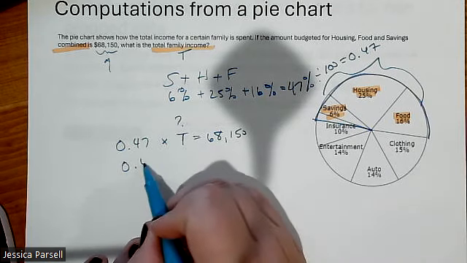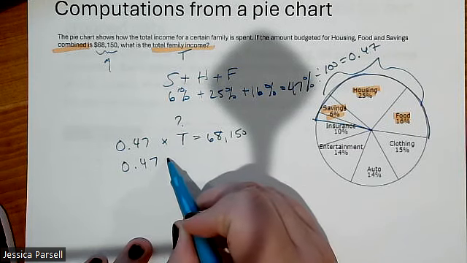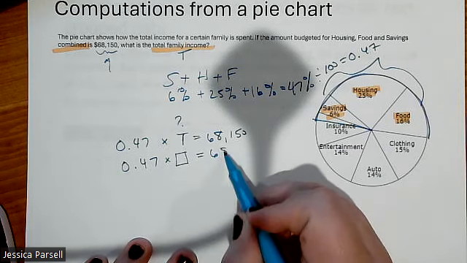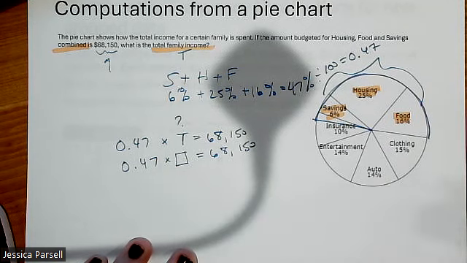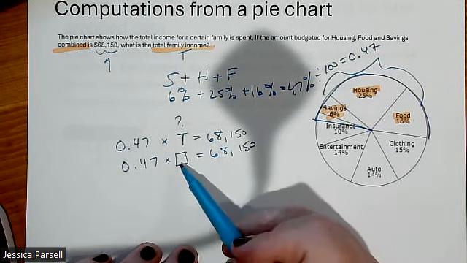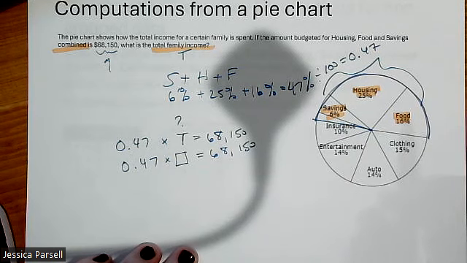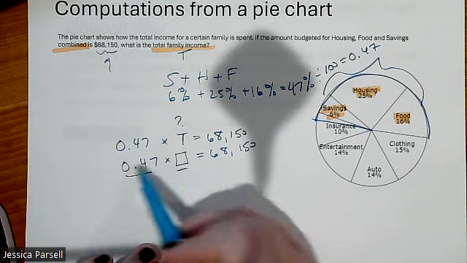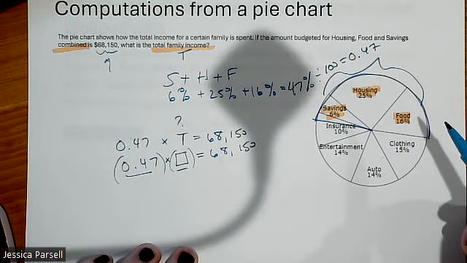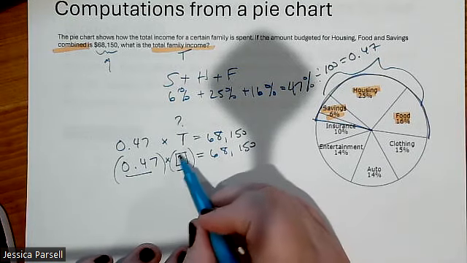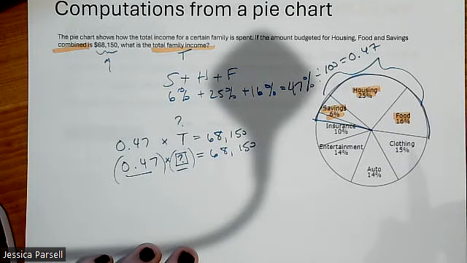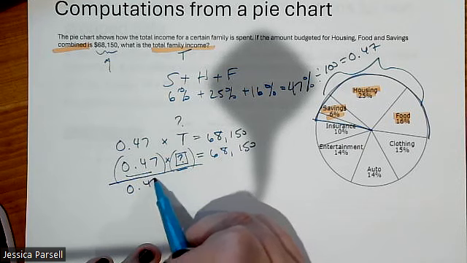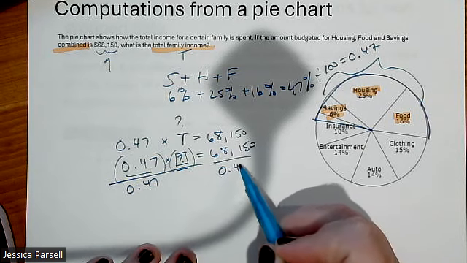Back when you were learning this, maybe in an earlier math class, sometimes they would put a box, and then the question is, what's the box? And eventually they get rid of the box and just put a letter here. So if you recall from algebra, when you have 2 items multiplying to each other, and you want to figure out what this one is, which is going to be our T, you can undo multiplication by doing the opposite, which is division.